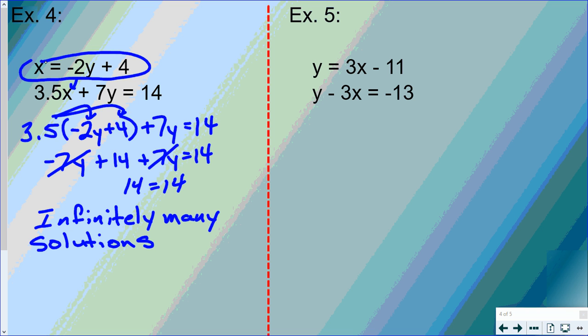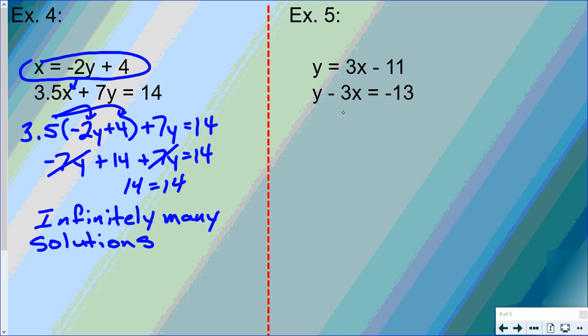So these equations are actually equivalent. So if your variables disappear and you're left with a number equals itself, then it's infinitely many solutions. Now, if this said 14 equals 12, that would mean there's no solutions to this system. Now, if you've done the graphing lesson, what that means is when you graph these two lines, they actually are the exact same line.